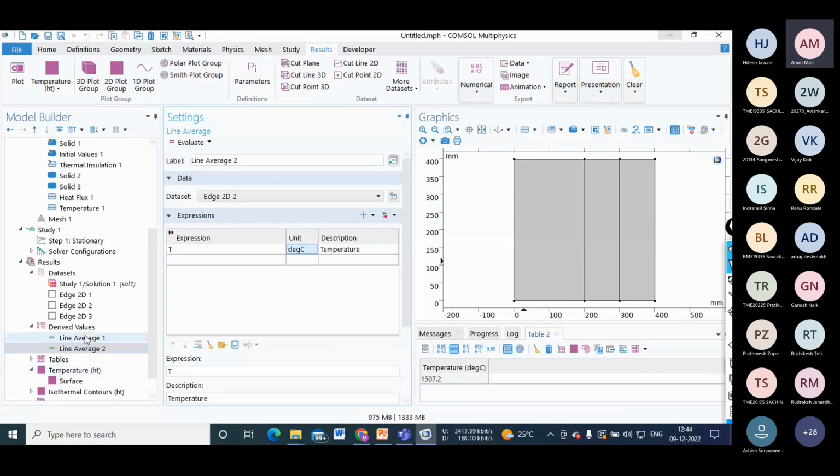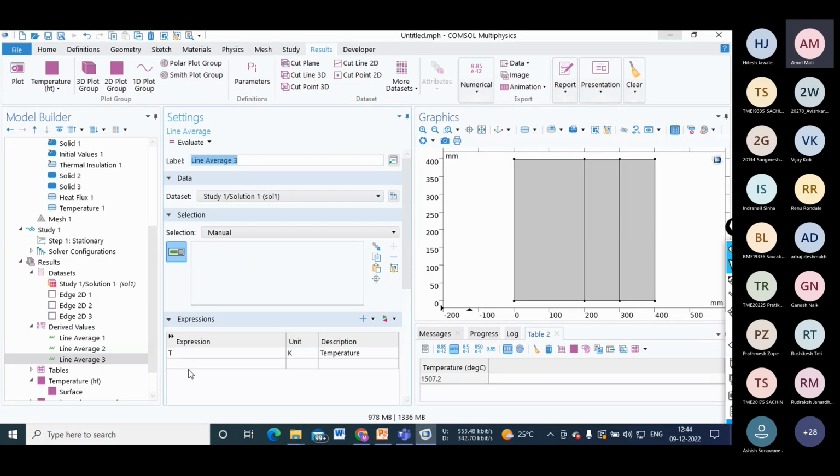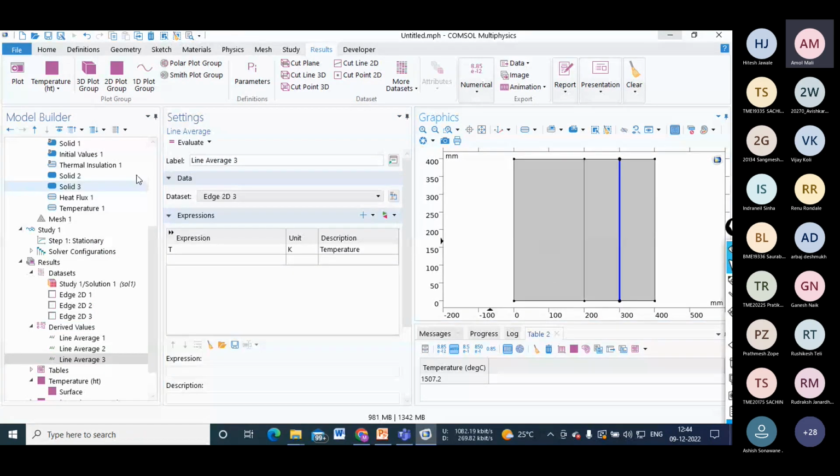Now I want to find out the T3 temperature, that also we can find out. For that purpose I need to select one more line and then I have to select the edge. Okay, so I will change the unit. So that temperature is 239.08.